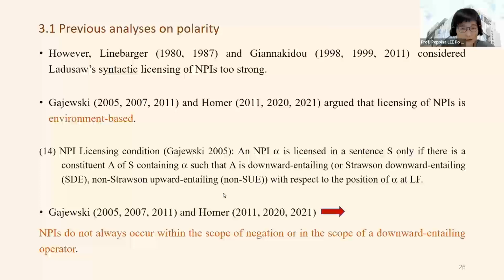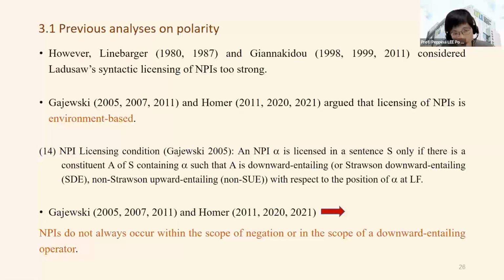However, this kind of strict syntactic definition comes across a lot of challenges. That's why eventually we have studies which loosen it and do not go with the strict syntactic definition.